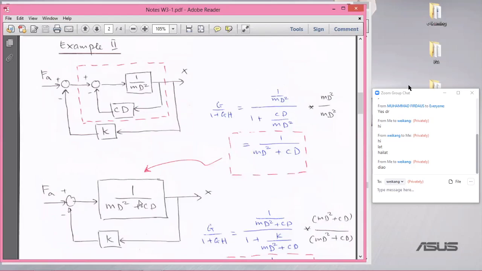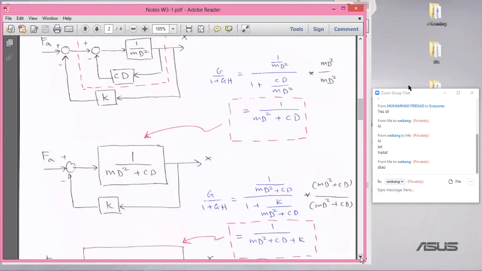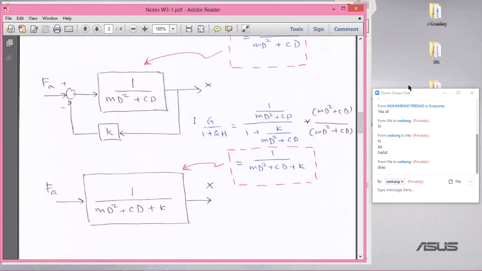The forward path G is a more complex expression, and now H is just k. Then you just repeat the process. Now your G is 1 over md squared plus cd, your H is k, and you can simplify that into a single block. This is what we call the transfer function that relates input to output.